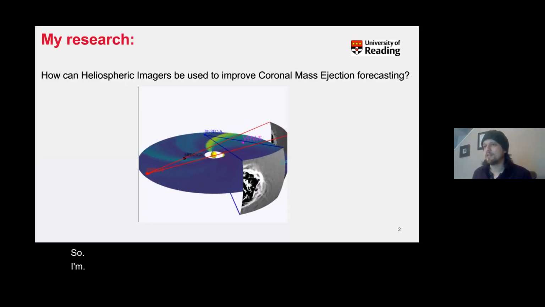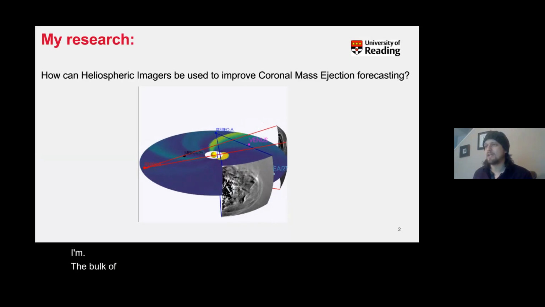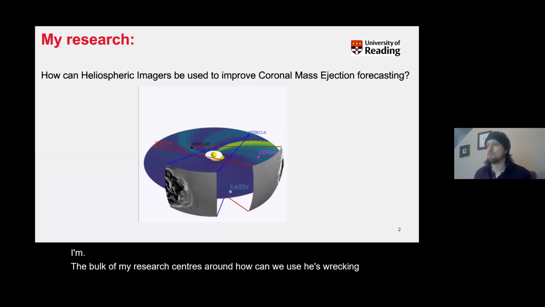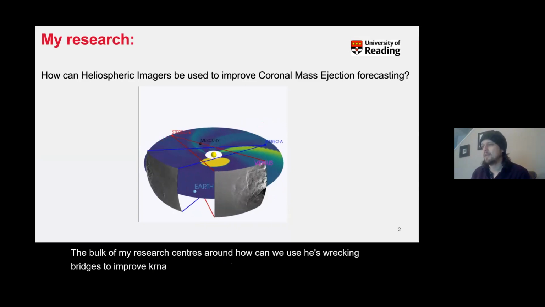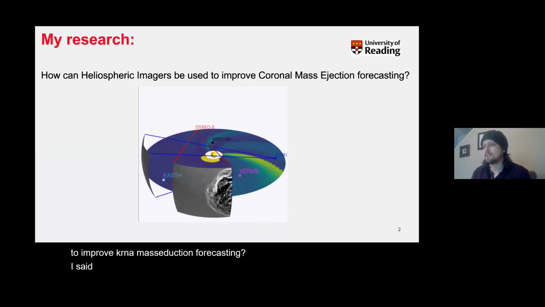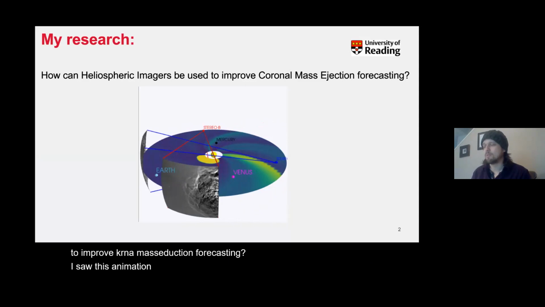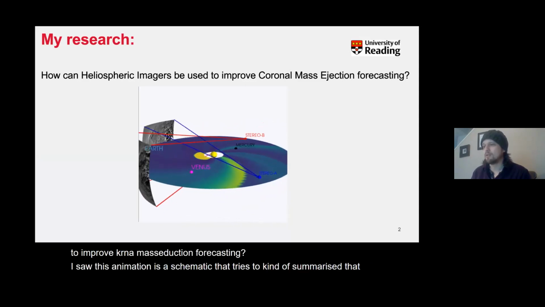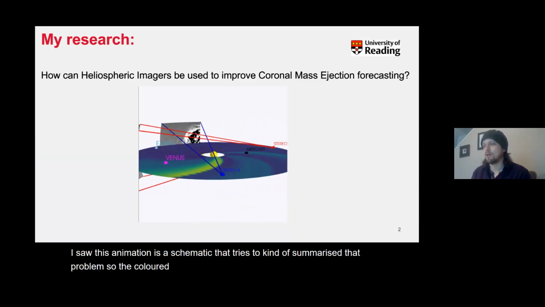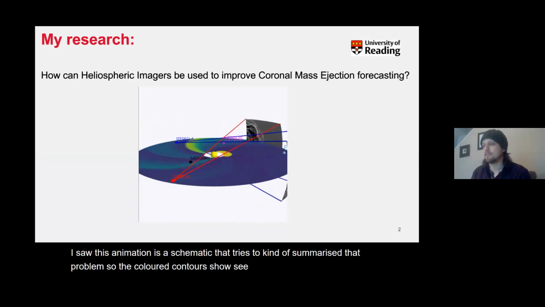The bulk of my research centers around how we can use heliospheric imagers to improve coronal mass ejection forecasting. This animation is a schematic that tries to summarize that problem. The colored contours show a CME erupting out into the solar wind.